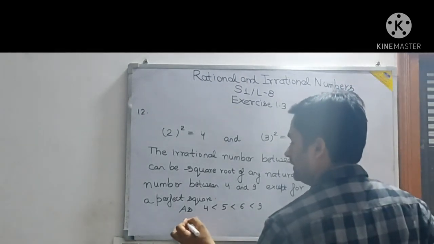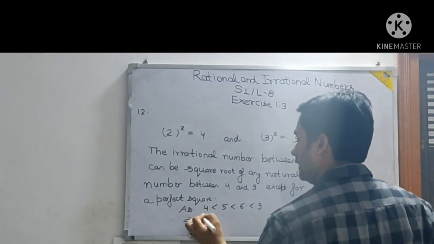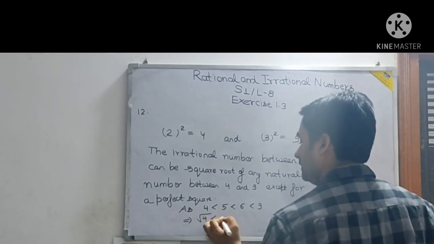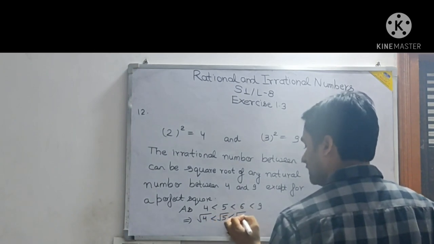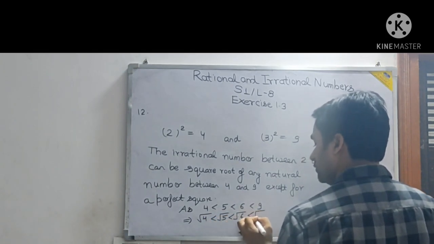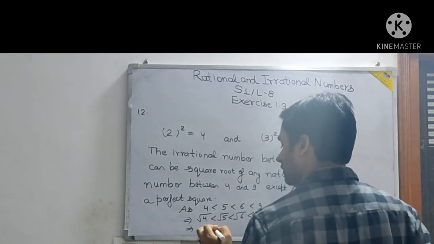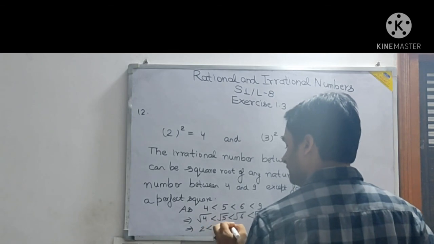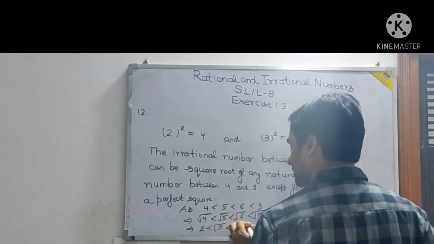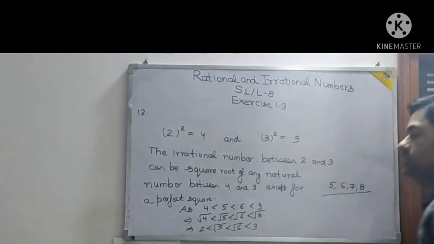This implies that under root 4, greater than that will be under root 5, greater than that will be under root 6, and greater than that will be under root 9. And root 4 is what? 2. More than that is root 5. More than that is root 6. Then 3. Got it?